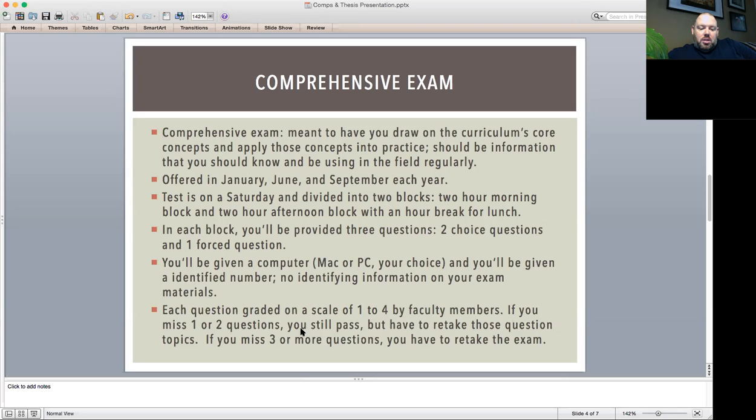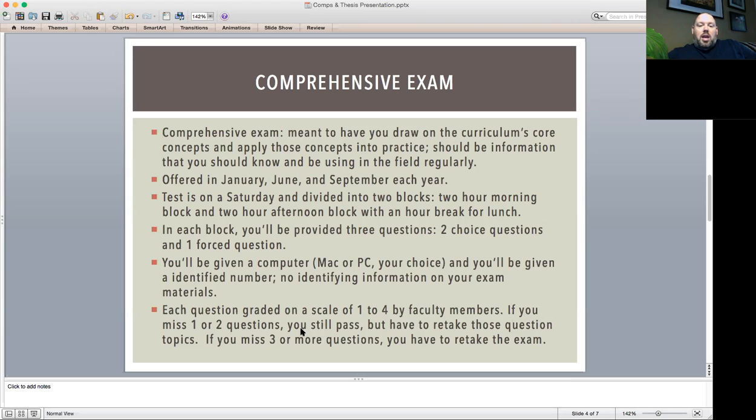Another question I got is about the 3 questions per block. From the 3 questions per block, you have to answer 3. With the choice questions, each block technically gives you 5 questions, and 4 of those are choice questions.